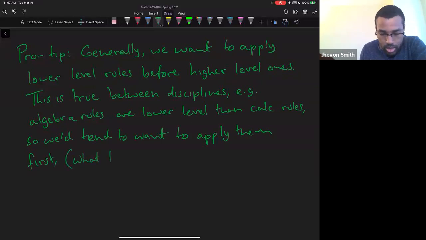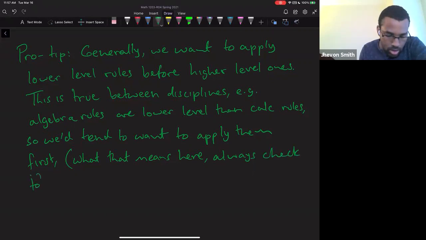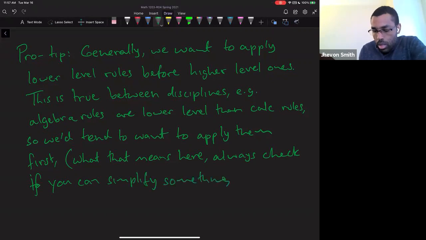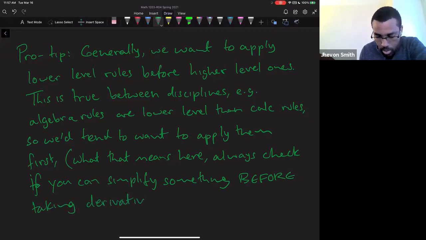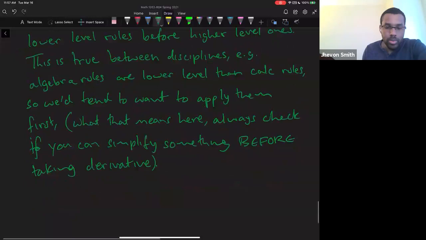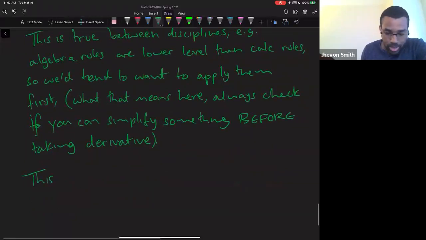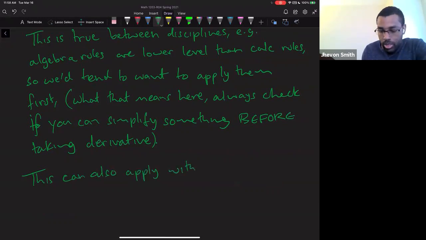What that means here, always check if you can simplify something before taking a derivative. This can also apply within disciplines.